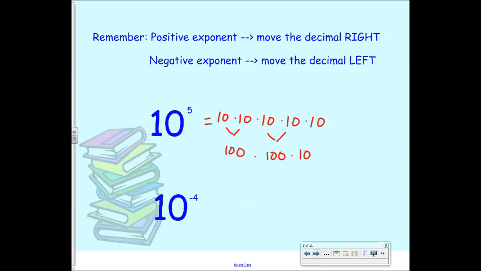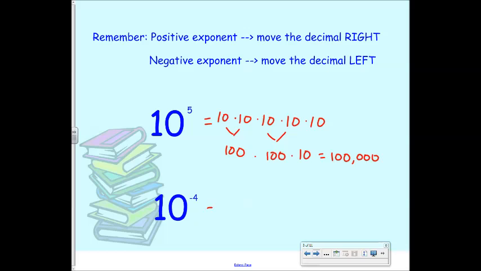Does anyone have a calculator and can check that? Ain't no phones out. 100,000. Perfect. So 10 to the 5th power is 100,000.